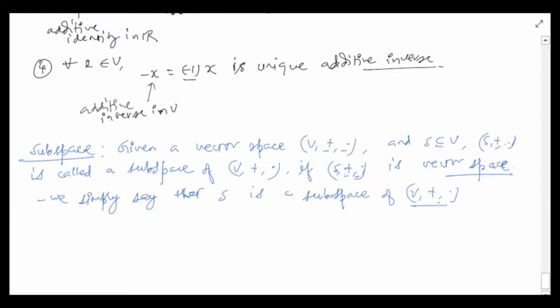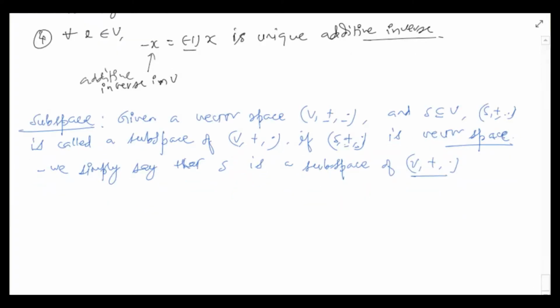Okay, so let's see an example. We have already seen that Rn plus dot is a vector space.